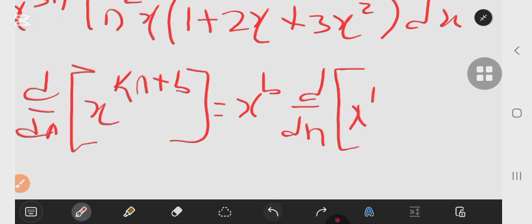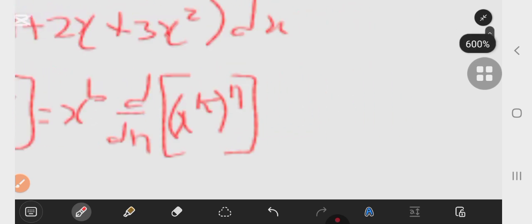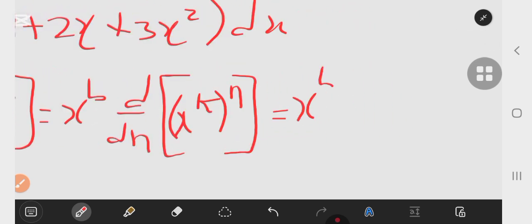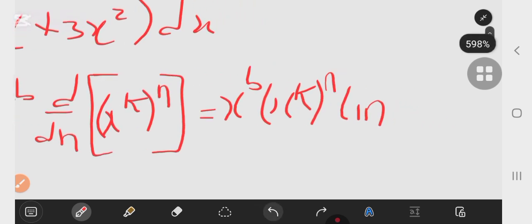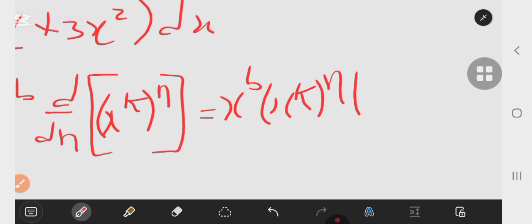Now watch what I'm going to do. This is very important. So this is the same as x to the power of b multiplying x to the power of k to the power of n ln x to the power of k.